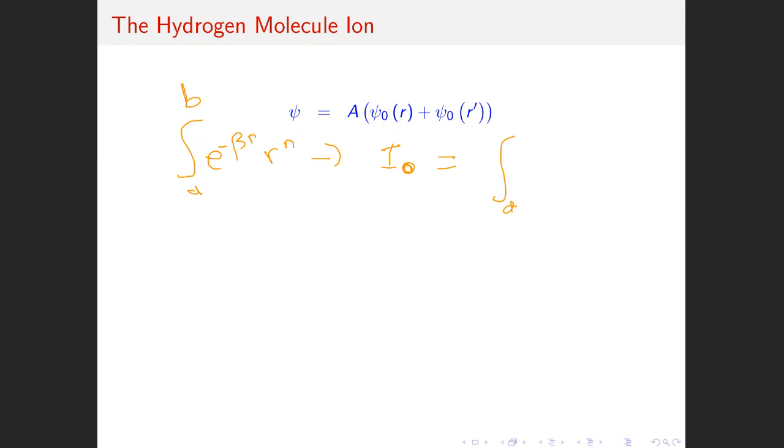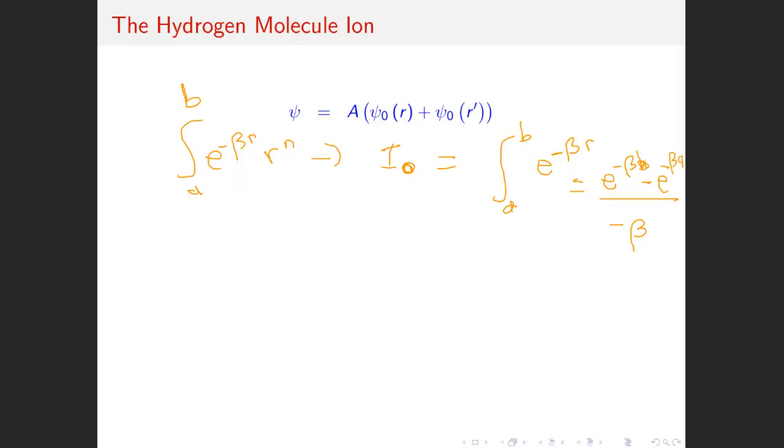I0 is just the integral from a to b of e to the minus beta r. Last week I was calling it x, but it's a dummy variable, it doesn't really matter. Is everyone happy that this should give you minus 1 over beta, e to the minus beta b minus e to the minus beta a?